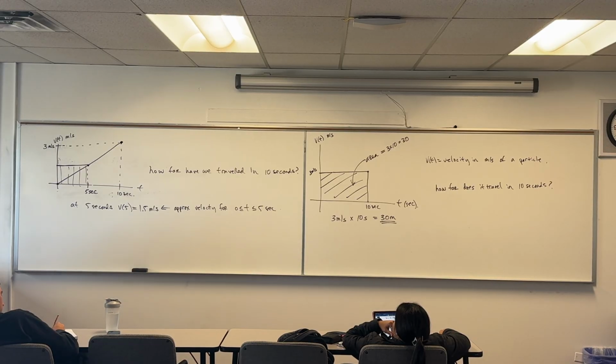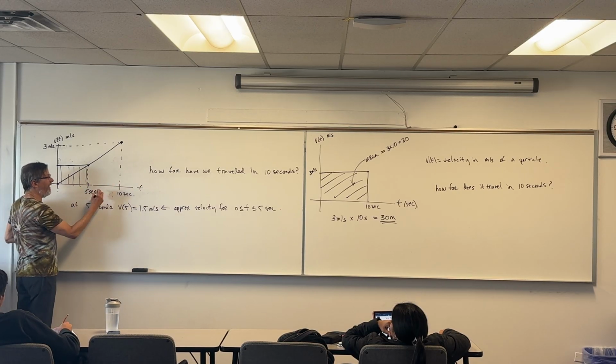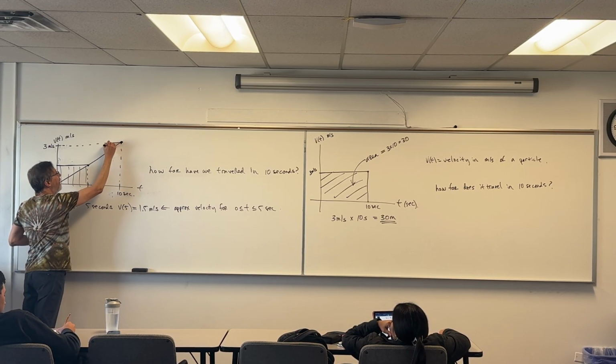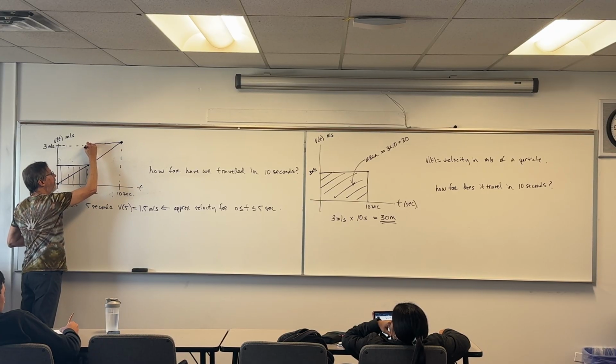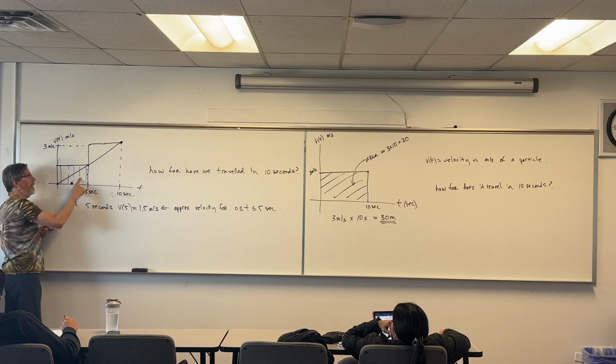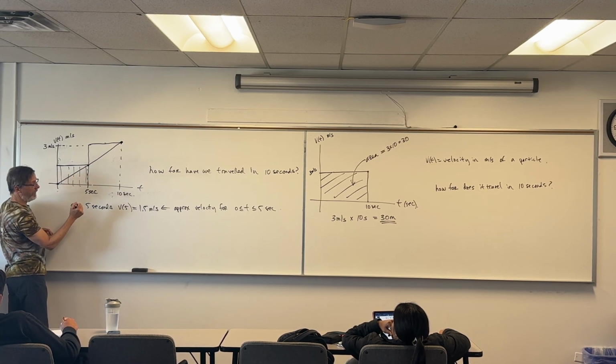Now I'm getting worked up. I'm going to do the same thing here. What was my final velocity? It was 3 meters per second. Let's just use that as representative of this last half of the trip.